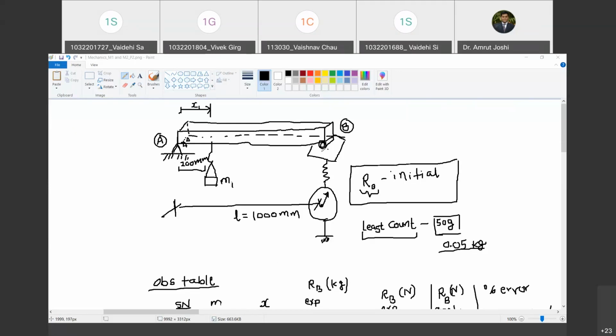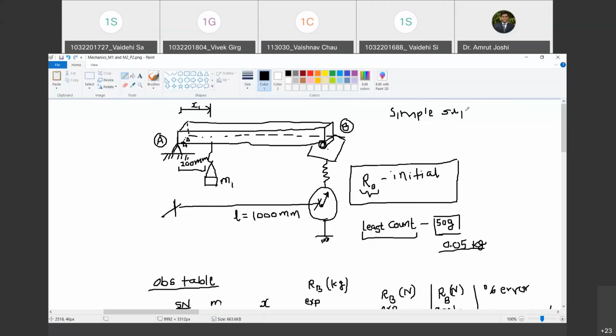Can a roller support offer moment reaction? No, sir. So neither hinge nor roller support can offer moment reaction. The supports which cannot offer moment reactions are called simple supports. So both the supports are simple supports, and therefore we call this beam a simply supported beam.